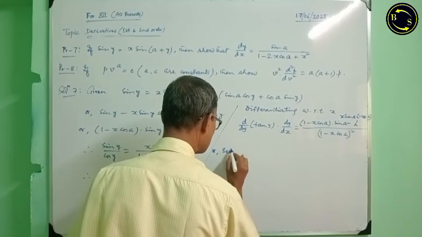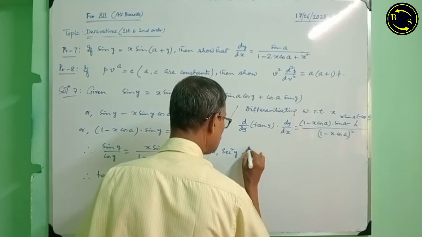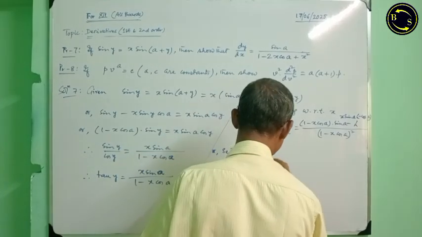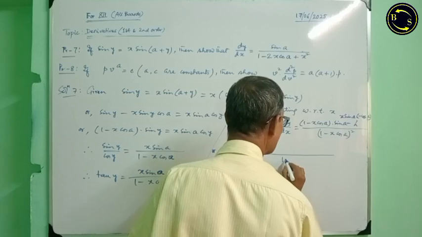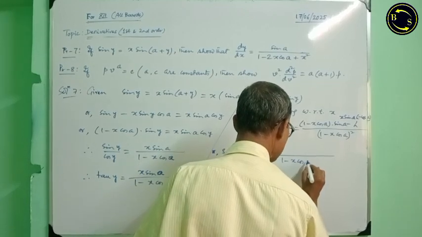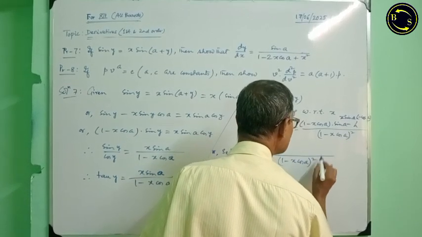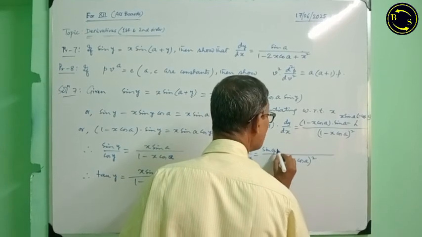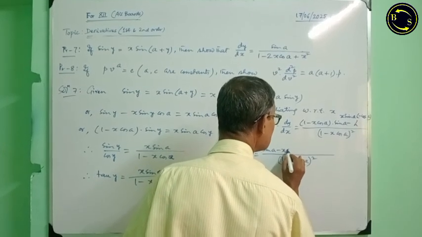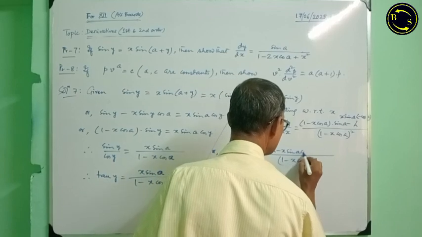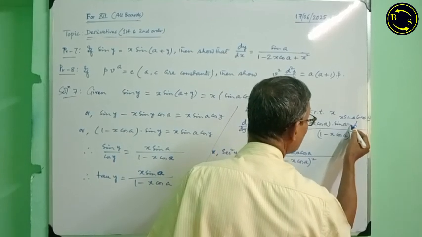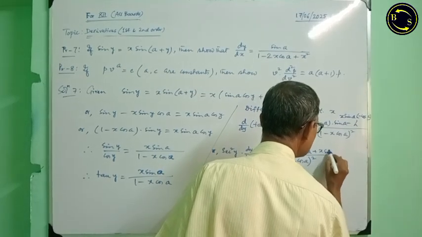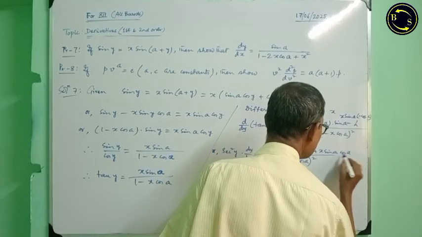Sec square y into dy/dx is equal to 1 minus x cos a whole square sin a minus x sin a cos a, minus minus plus x sin a cos a.